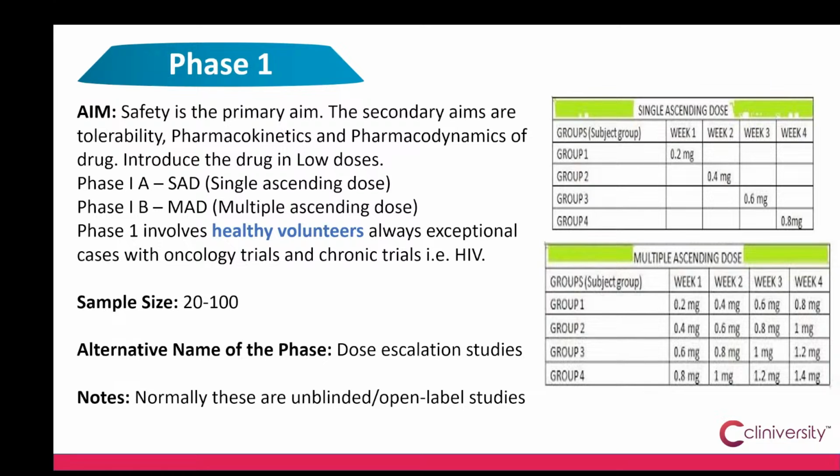Gradually we increase the dose in week 3, and again in week 4. We study the properties of this drug molecule in human volunteers each week. That's how our single ascending dose works: giving the same dose to a group of people and gradually increasing the dosage. That's our single ascending dose.